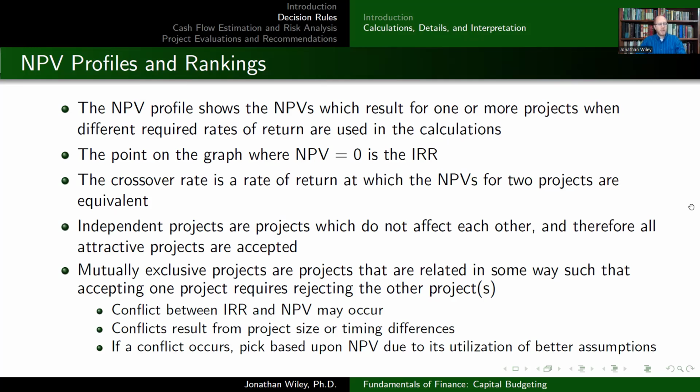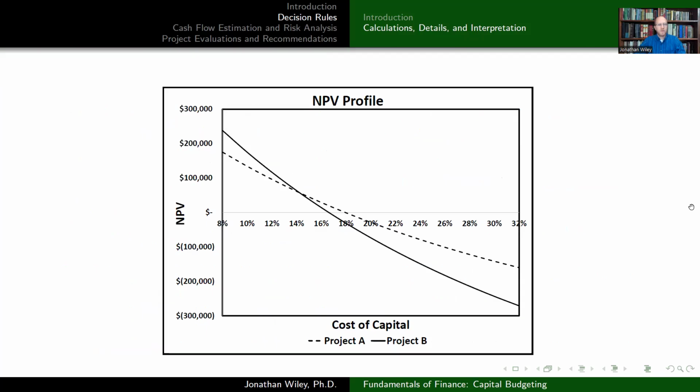Now, whether that's due to a limited amount of room on your factory floor, limited financial resources, or some other reason, if they are mutually exclusive and I have to pick one, let's talk about one of the implications. You can actually have a situation in which there's a conflict between what the IRR is telling you to do and what the net present value is telling you to do. So let's take a look at that net present value profile again to see that.